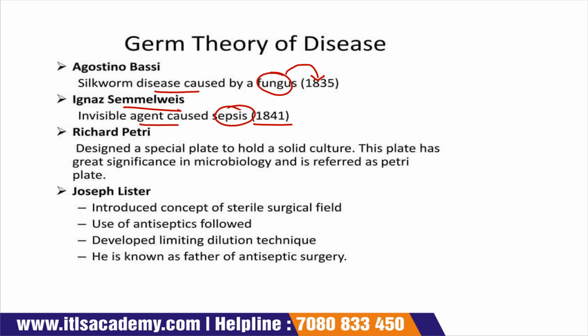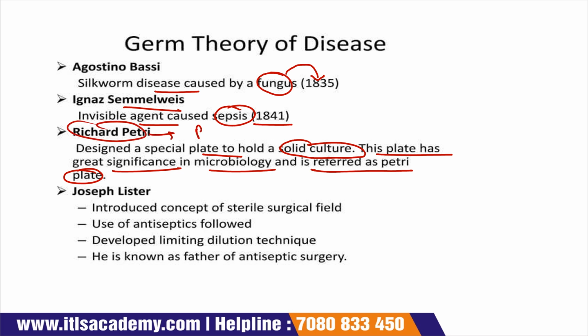Then Richard Petri designed a special plate to hold a solid culture. This plate has great significance in microbiology and is referred to as the Petri plate, which we use in our microbiology laboratory.